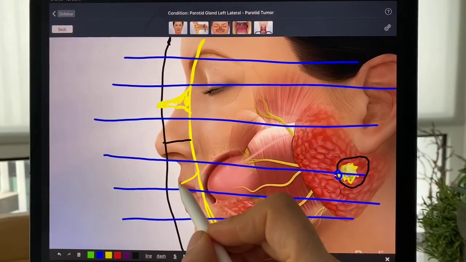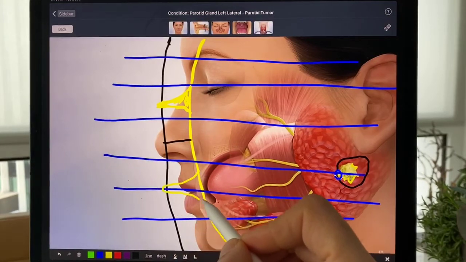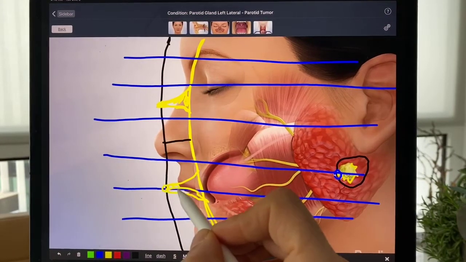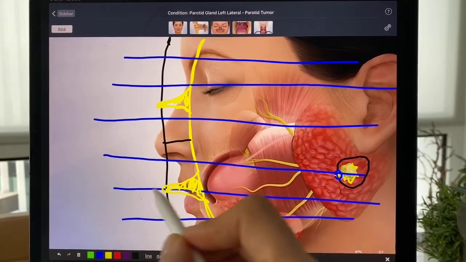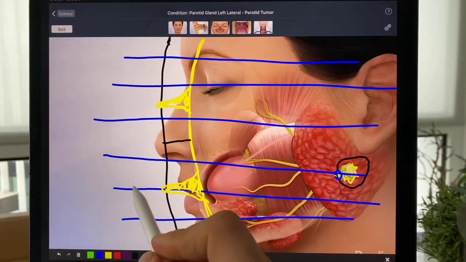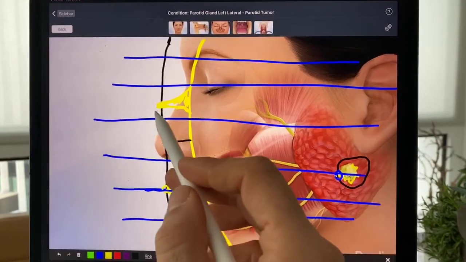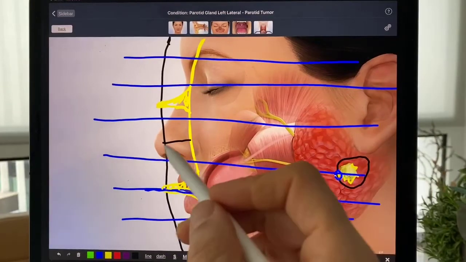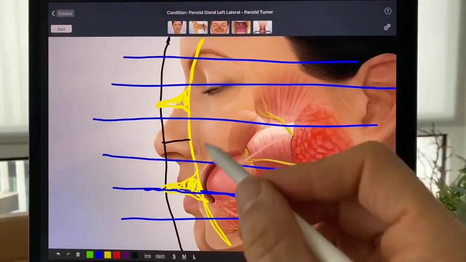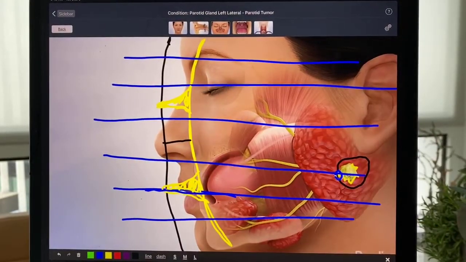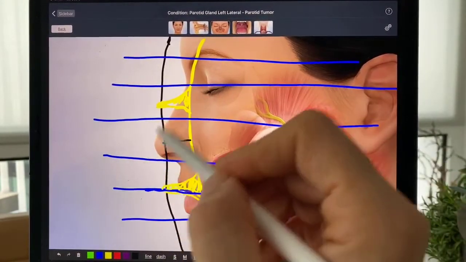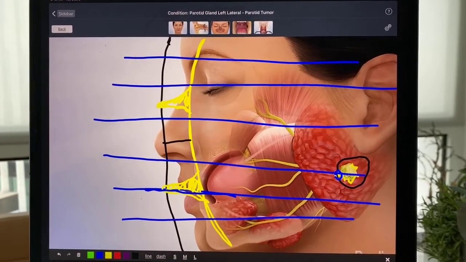If it is right at the cut, they'll see it, right? So this one they would see, and this one they would miss. And so when we have close margins like that, you will not have certainty that you have a true negative margin if you were to look at it. That's why we need a larger margin for the more aggressive cancers.